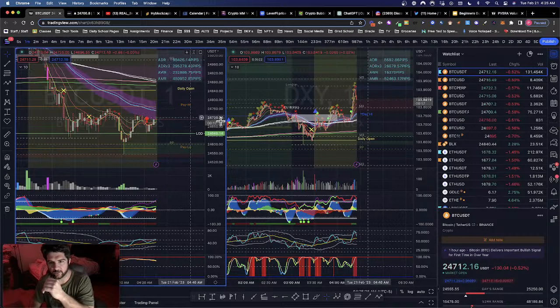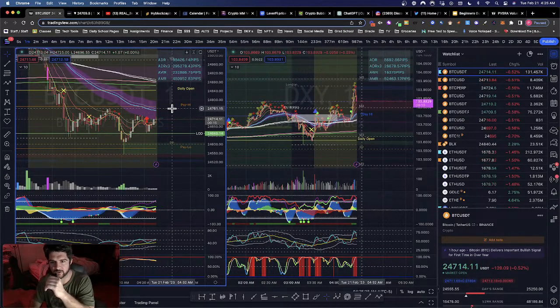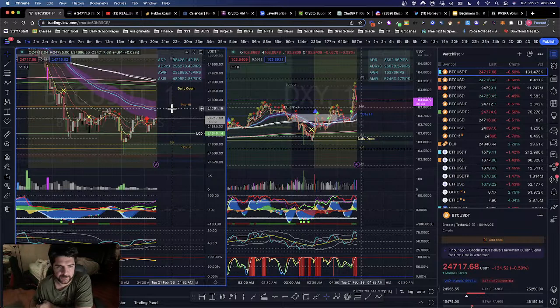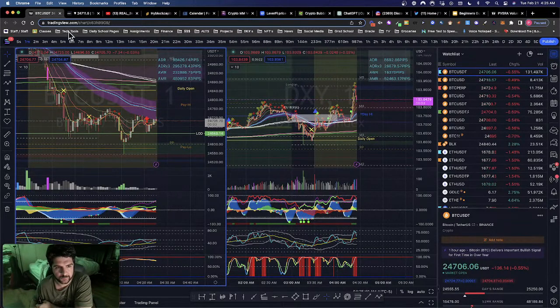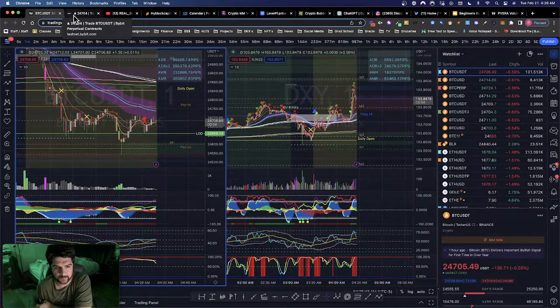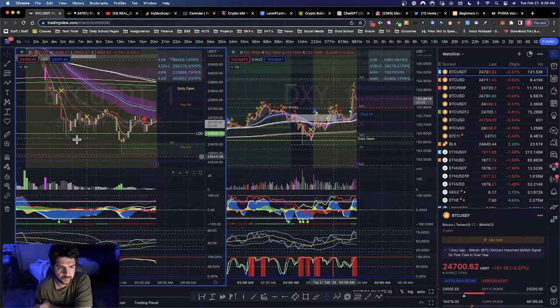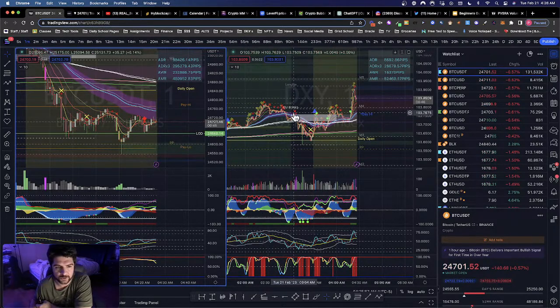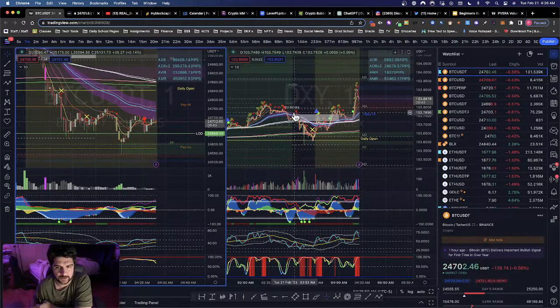You're probably gonna come down to the low of the week and reverse in New York. You gotta know when to fold them. This looks garbage. Garbage.